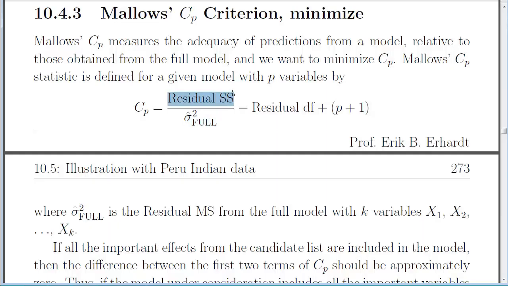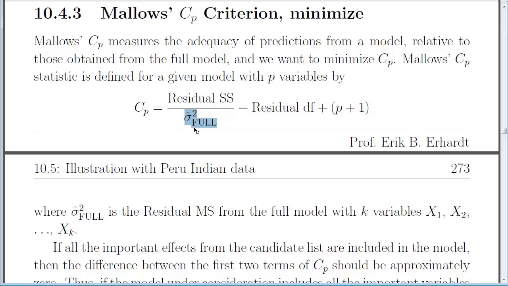Now, if we just think about the full model, the residual sums of squares for the full model is actually in the variance of the full model down in the denominator. In fact, this denominator is the residual sums of squares for the full model divided by the degrees of freedom, which is, say, n minus p minus 1.